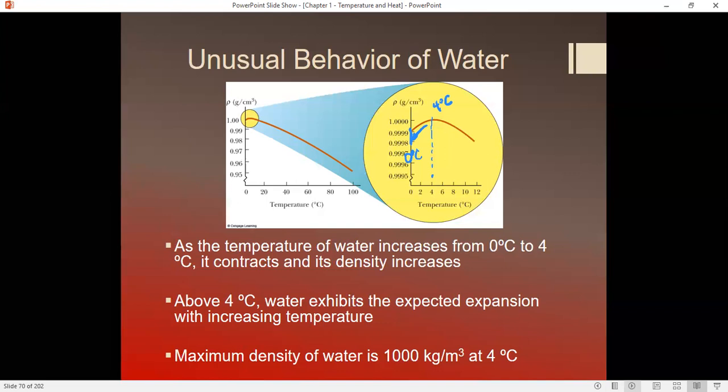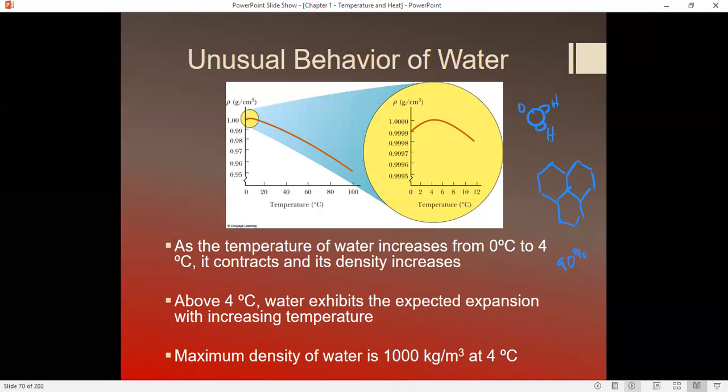So very bizarre behavior from water. Again, it has to do with the fact that water is a polar molecule with oxygen and 2 hydrogen, the hydrogen being positive. And that when it links together, it forms these hexagonal crystals. Again, not very efficient in terms of taking up space. And what that does is reduces the density, okay? Now, ice is about 90% the density of liquid water, okay?